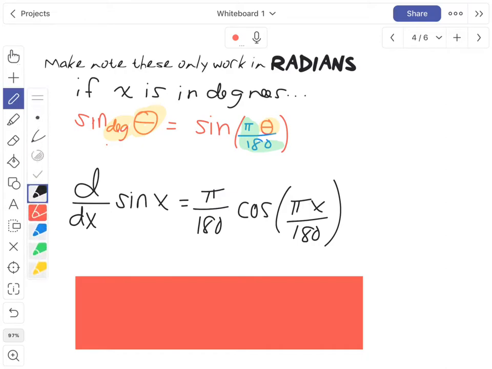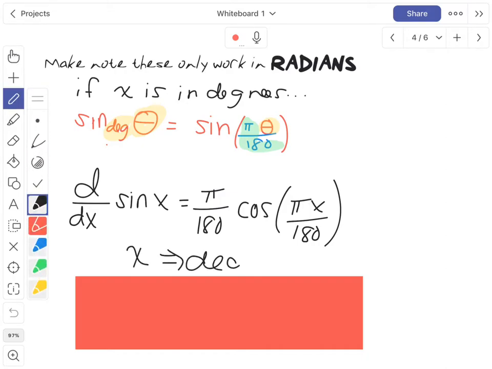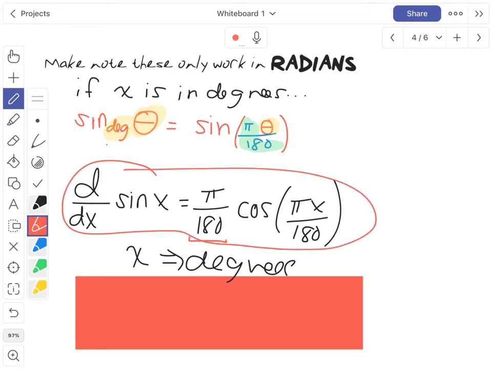So in this one that I've written down here, I'm explicitly saying that x is in degrees. So if x was in degrees, the cosine has a multiplier and has a little bit different types. We see some general relationships, and I do encourage you to look at, again, we see that pi over 180. But if your input is in degrees, these trig derivatives will change. So we're going to be working in radians.